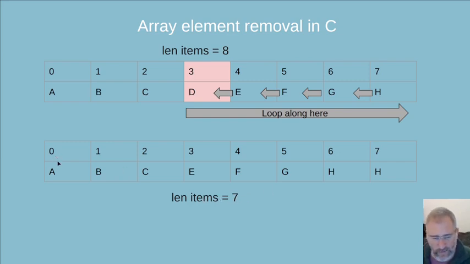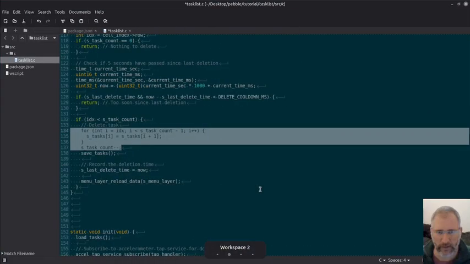So you still have an array of length 8, but we're deliberately ignoring the last item, because we've moved all the items to the left, overwriting what was at number 3, which means the last position contains some redundant value that we don't want to include. So that's how that works in our code.